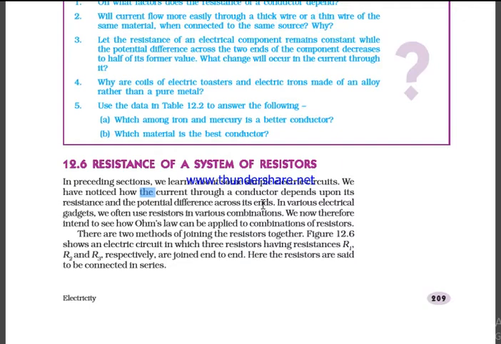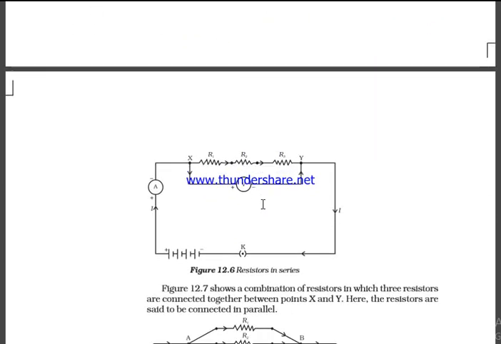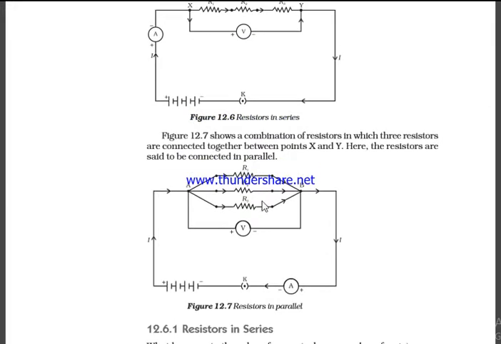There are 2 methods of joining resistors together. Here you can see the figure, these 2 figures. Here you can see the resistors R1, R2 and R3. Always remember that they are connected end to end.